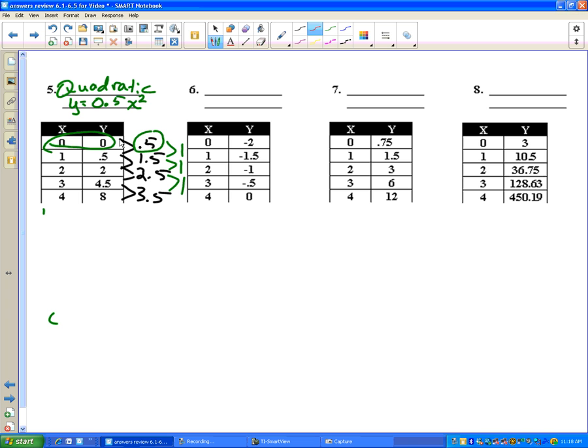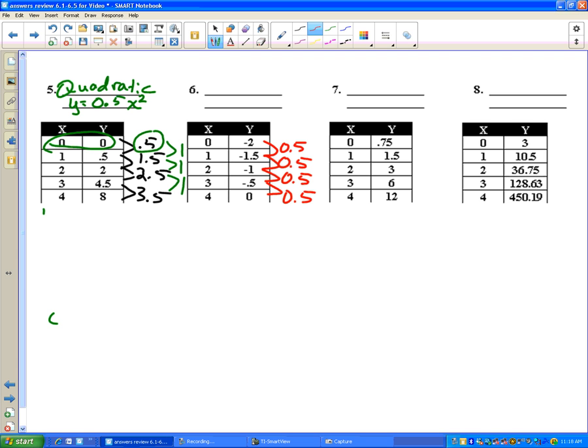Number 6, again, do my differences. Negative 1.5 minus a negative 2 is 0.5. Negative 1 minus a negative 1.5 is 0.5. Negative 0.5 minus a negative 1 is 0.5. 0 minus a negative 0.5 is 0.5.